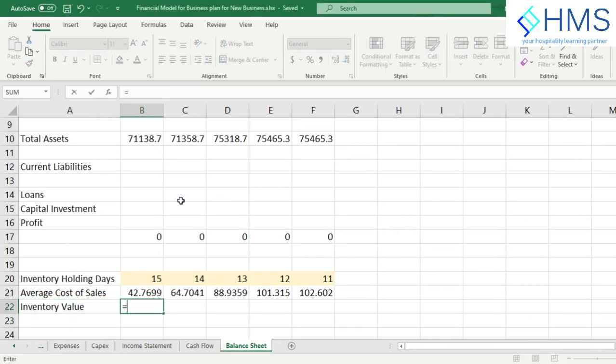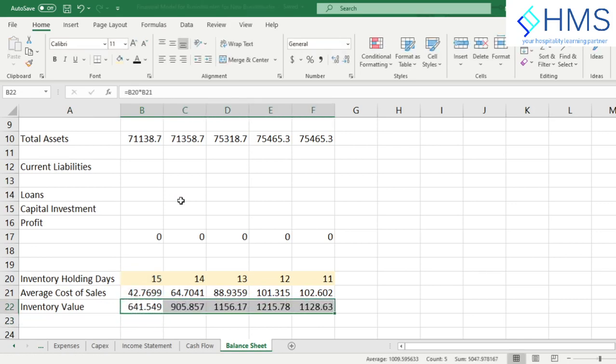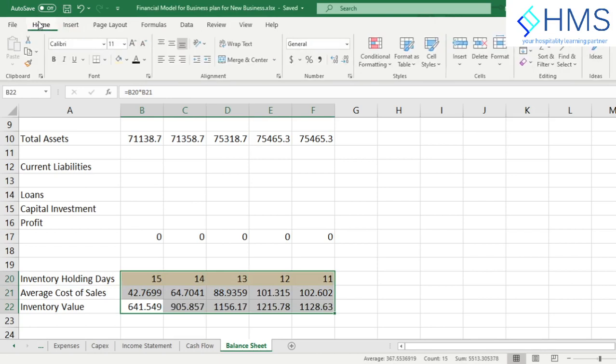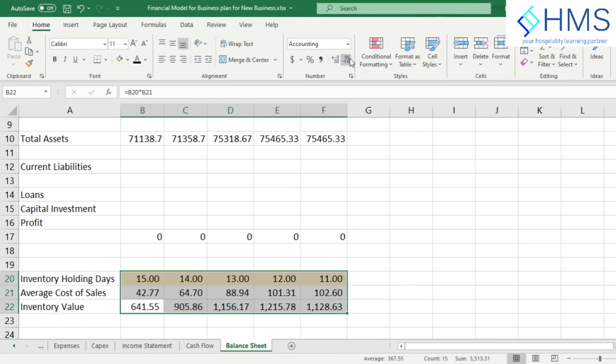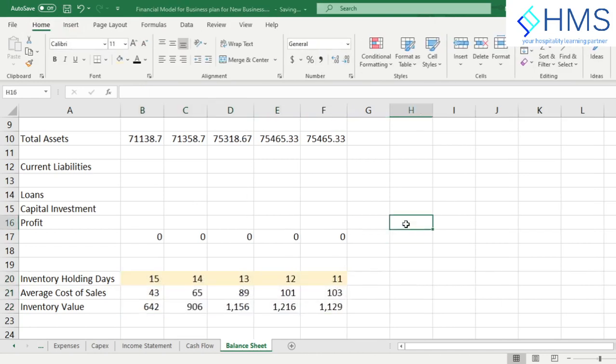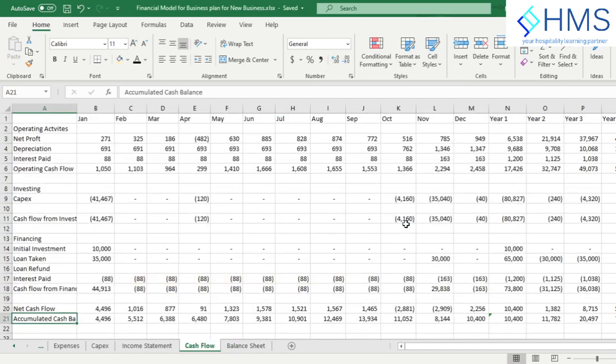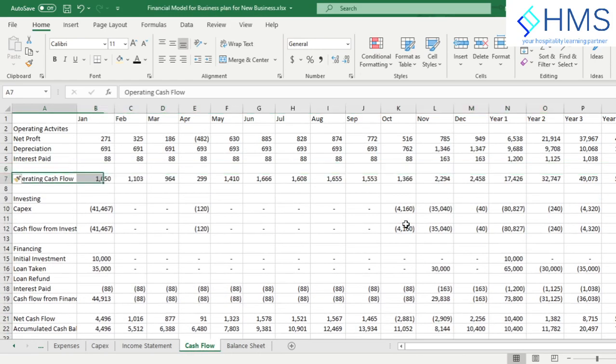Right? Multiply by the days. Now, when you are putting up the inventory, we have assumed in the cash flow, we didn't factor in the increase in current assets, so we have to factor in the increase in current assets now.